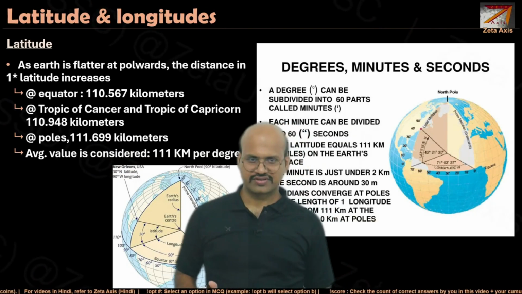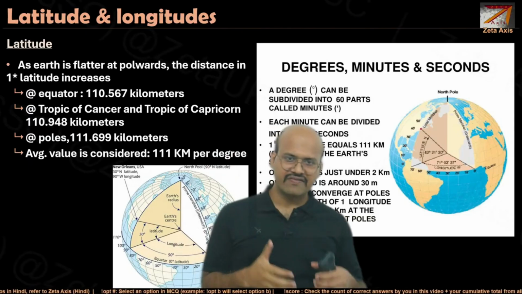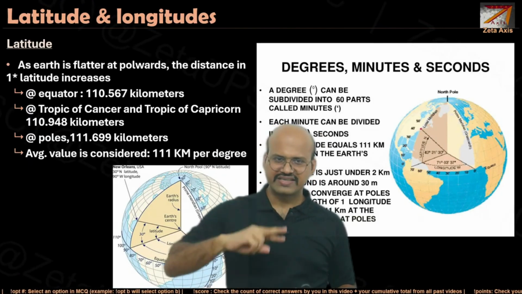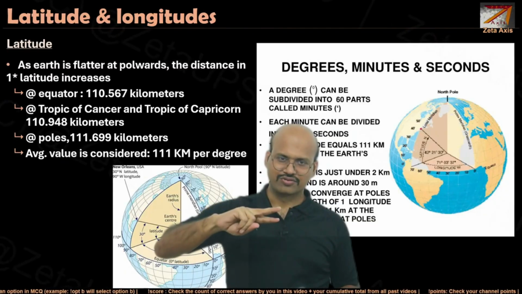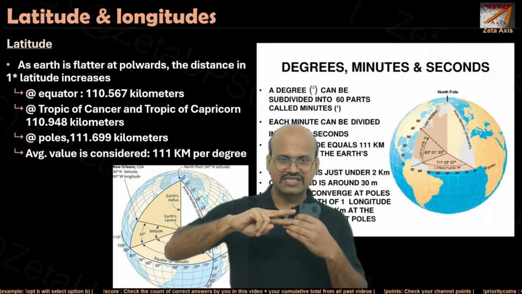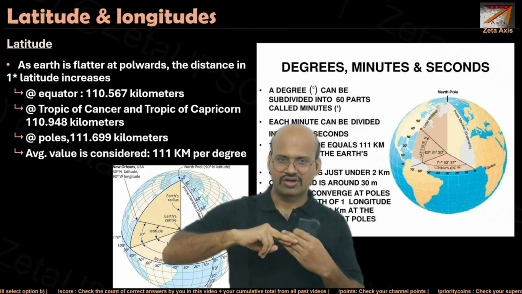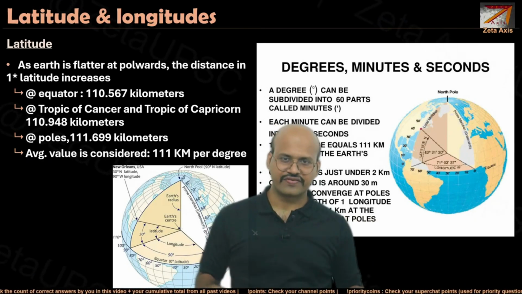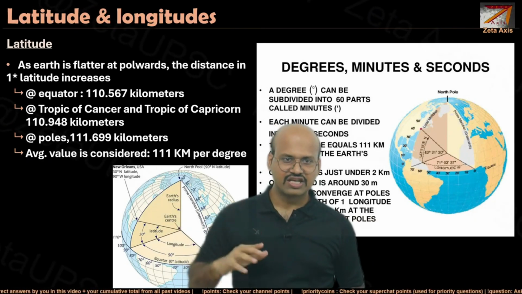So for latitudes, 111 kilometers per degree is the distance. The distance between two latitudes, say 61 degree north and 62 degree north, on the Earth's surface will be 111 kilometers.